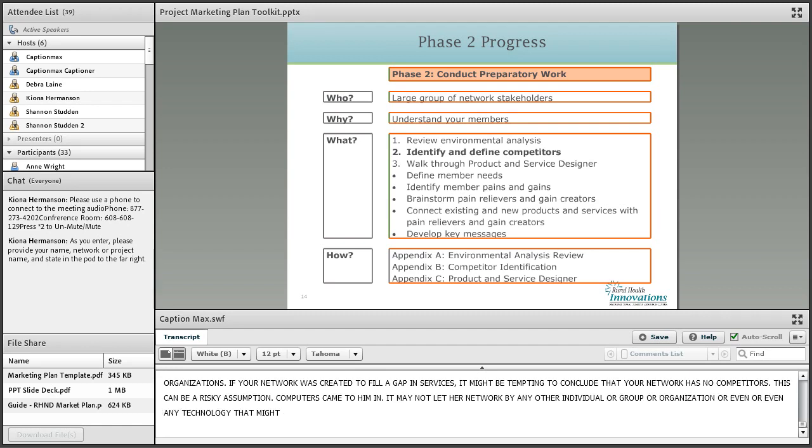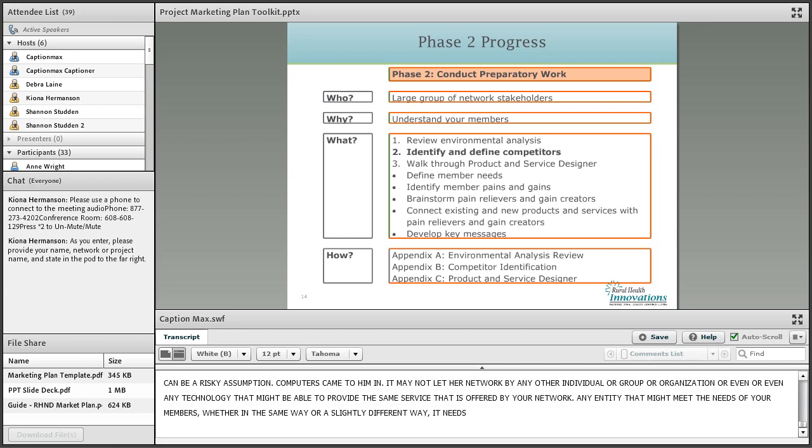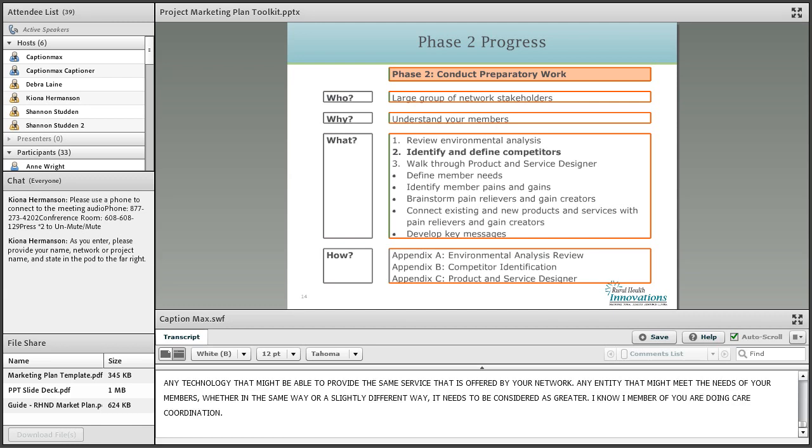Competitors can come in many forms. It could be not only another network, but any other individual, group, or organization, or even technology that might be able to provide the same service that is offered by your network. Any entity that might meet the needs of your members, whether in the same way or a slightly different way, needs to be considered as a competitor.